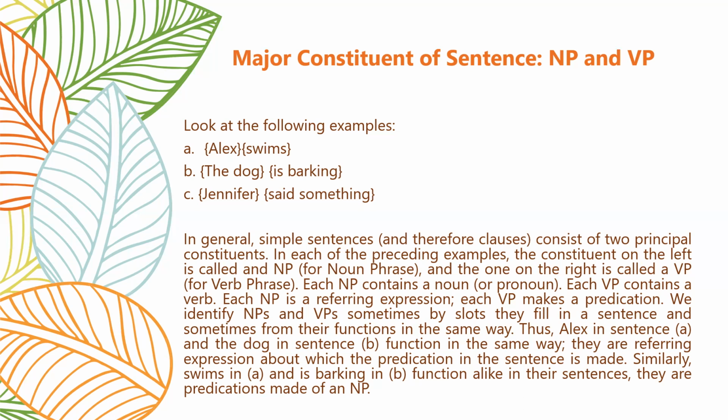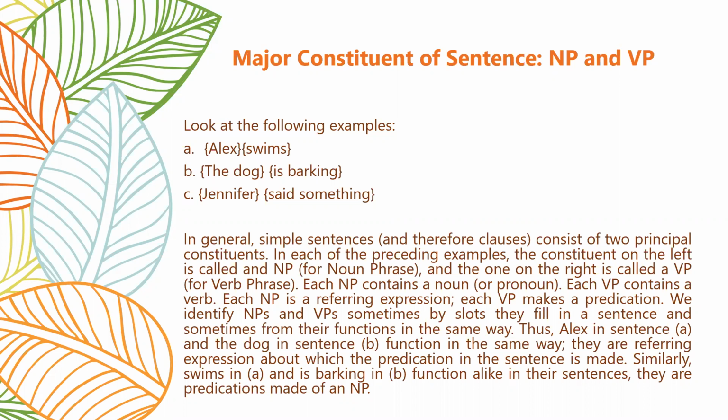So Alex in sentence A and the dog in sentence B function the same way. That is, they are referring expressions about which the prediction in a sentence is made. So something is talked about them. Alex swims, and the dog is barking. So barking is said about the dog, and swims is said about Alex.